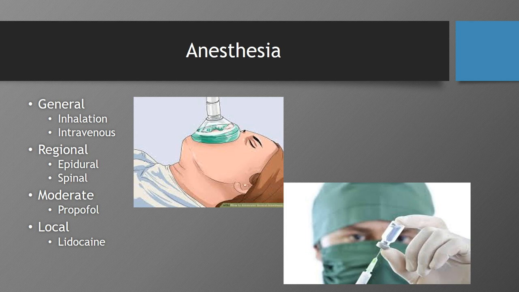Probably good to know, but I wouldn't necessarily spend all your time memorizing all those. Page 448. Here's your spinal blocks and local anesthesia. Things like that. So that would probably be really good to know as far as what the different types of anesthesia do, how they administer them and how they affect your patient.